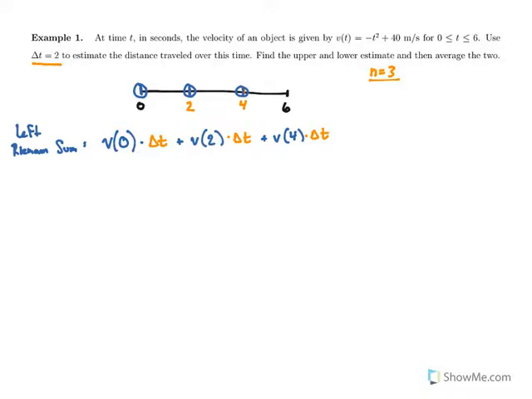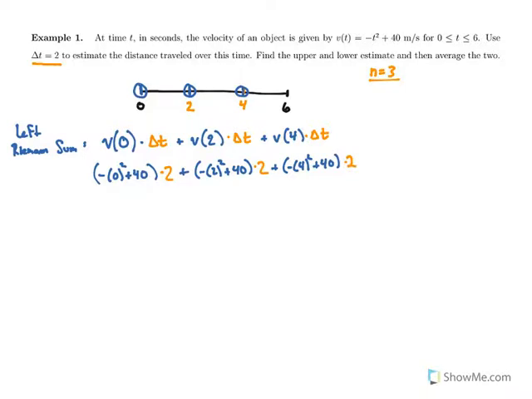And we're given the velocity function. We could just say v of 0 is going to be negative 0 squared plus 40. Delta t is 2. v of 2 is going to be negative 2 squared plus 40. Delta t is 2. And here we have negative 4 squared plus 40. Delta t is 2.